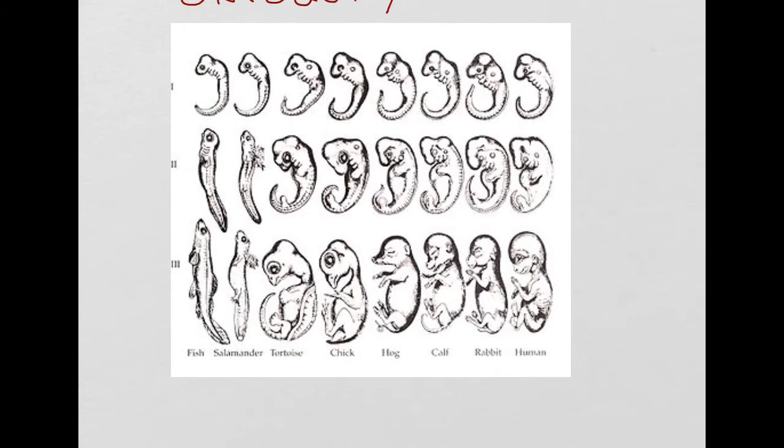The other thing that's kind of cool to think about here: many people would look at something like this, and oftentimes instead of a tortoise, they'll use a lizard of some sort.